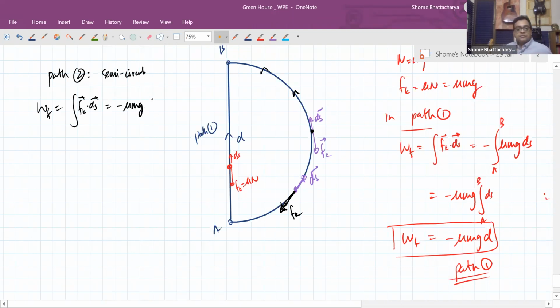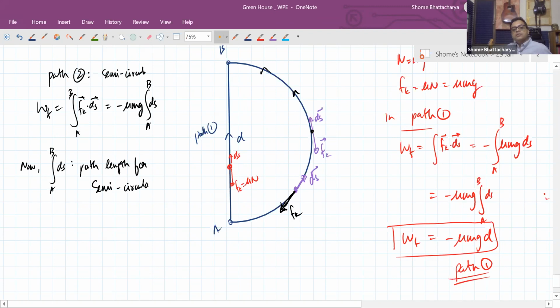Okay, it will be this from A to B. Now this time, this is the path length for the semicircular path. So this will be how much?